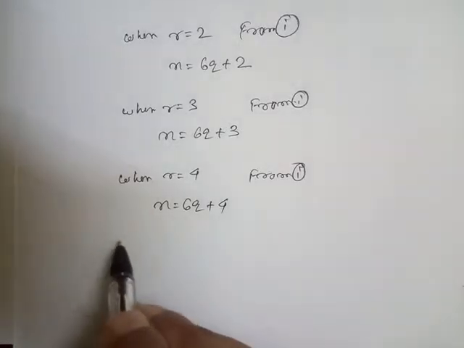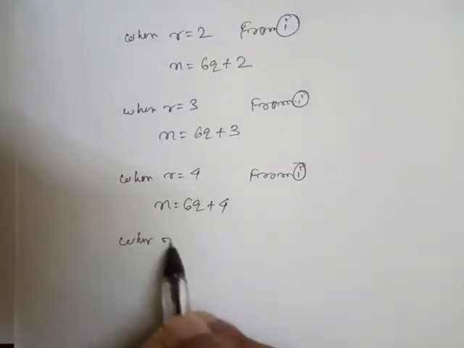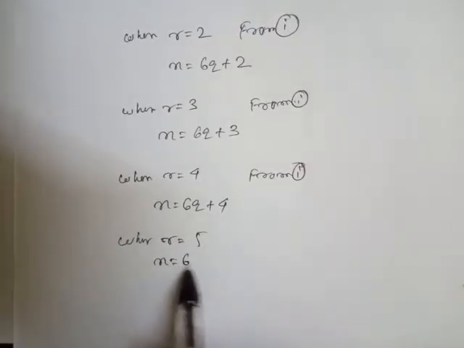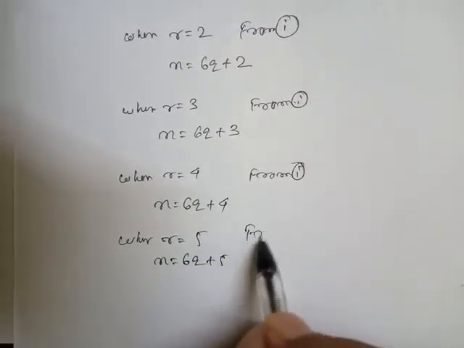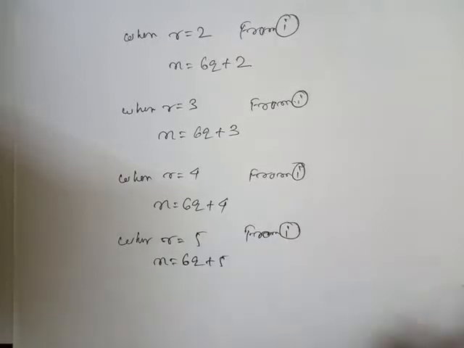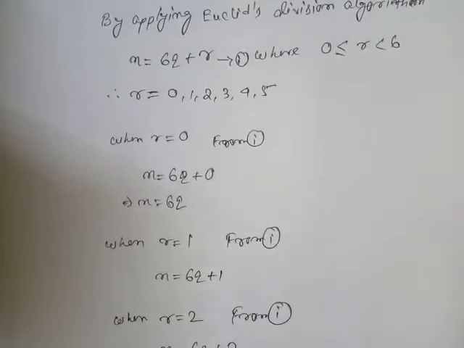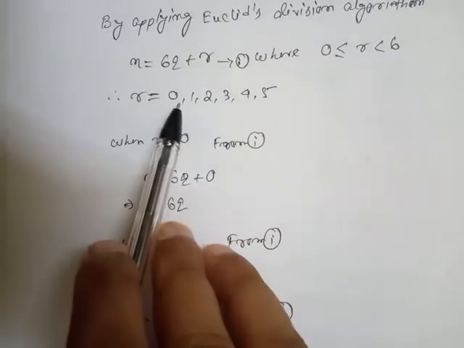Next one, when r equal to 5, n equal to 6q plus 5. Here, I will write that from 1. Now look student, here I have just put down the values of r, 0 to 5.